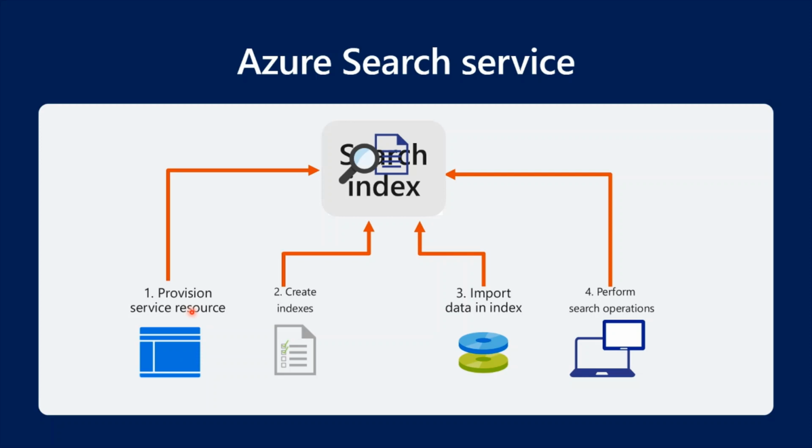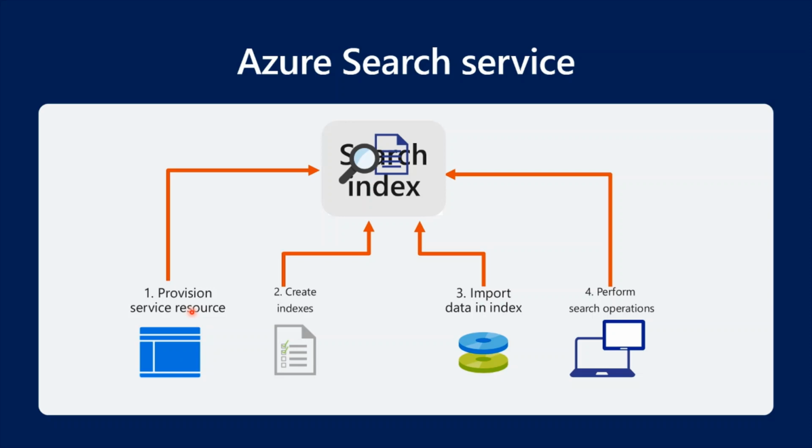So what can you do with Azure Search Index? You can provision the Azure Search service in Azure Portal or through the Azure Resource Manager API. Before you can upload searchable content, you must first define an Azure Search Index. After you define an index, you are ready to upload content. You can use push or pull model.